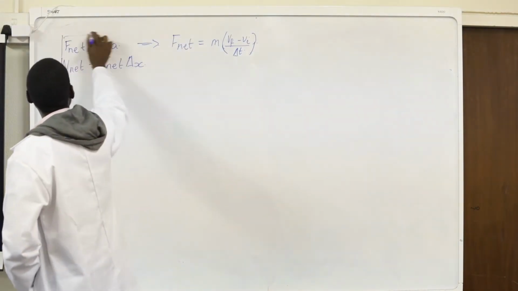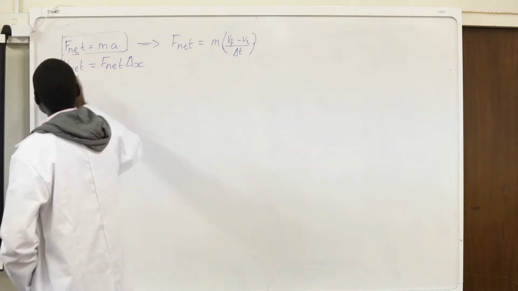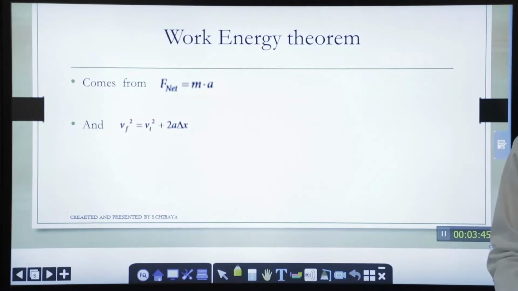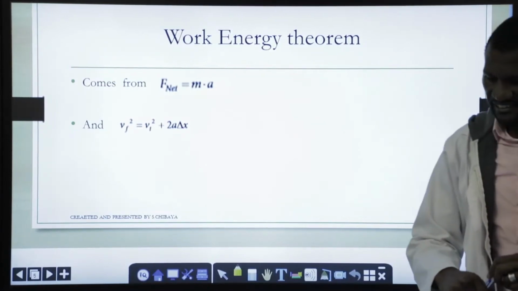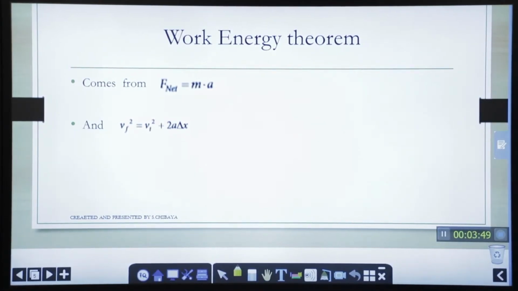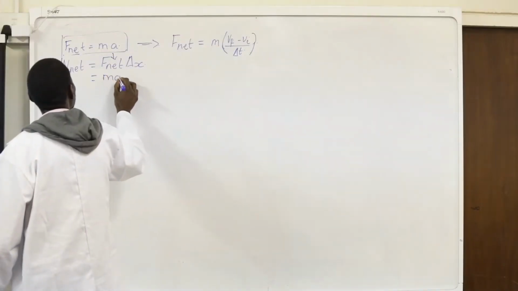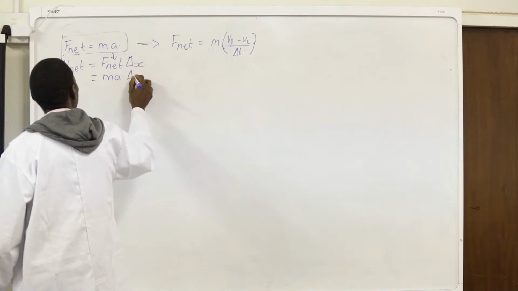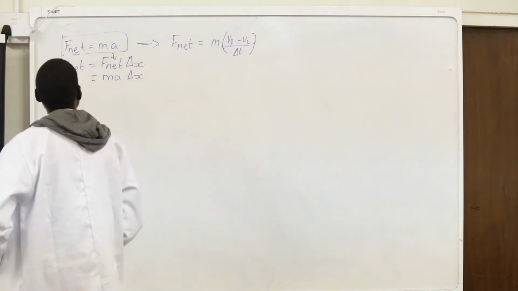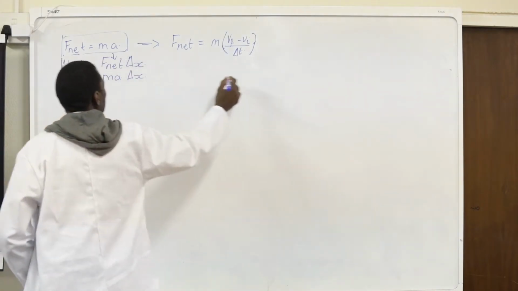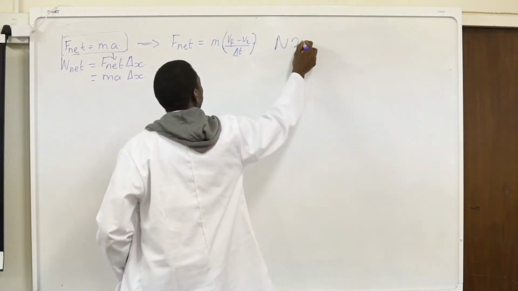Look at it in this manner, that F net is equal to mass times acceleration according to Newton's second law. And take that mass times acceleration and bring it down here. Mass times acceleration times change in x is going to give you W net. This is coming from Newton's second law.